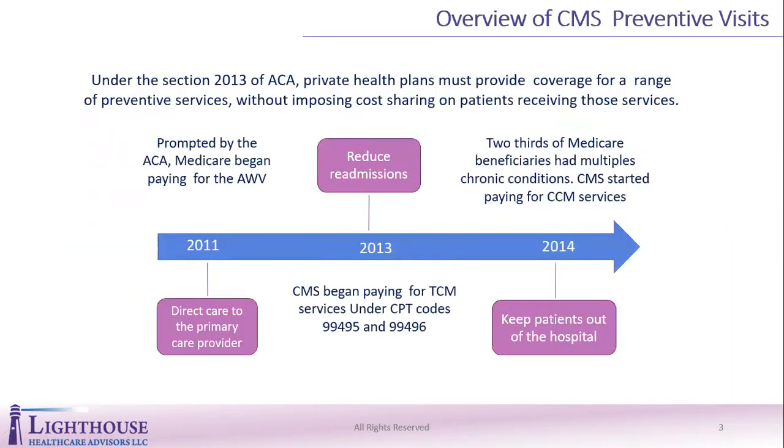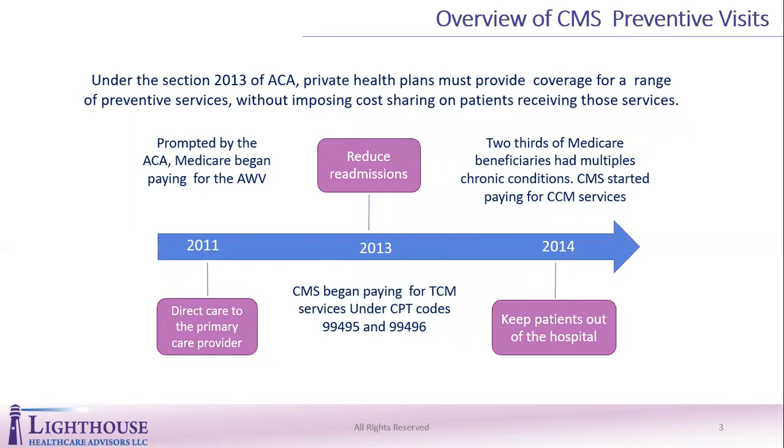As a reminder, here is the timeline overview of CMS preventative visits. In 2013, the ACA began paying for transitional care management services under CPT codes 99495 and 99496 with the goal of reducing readmissions.